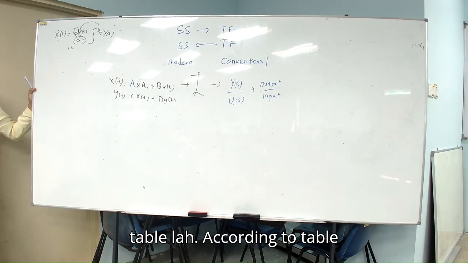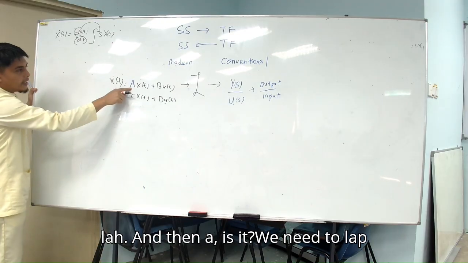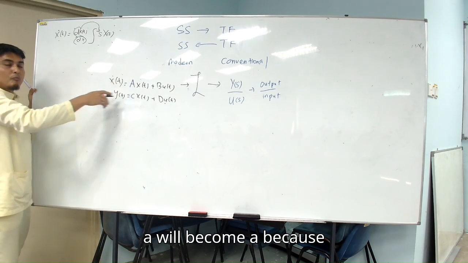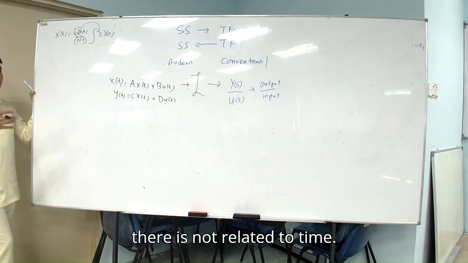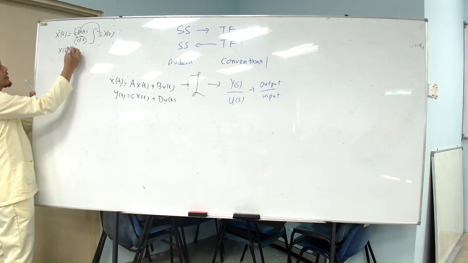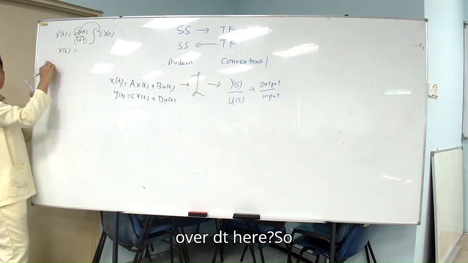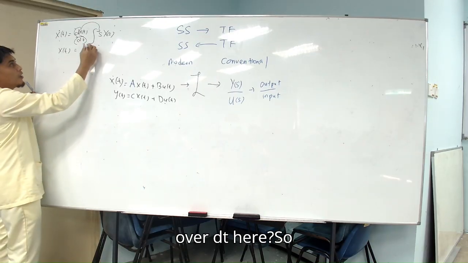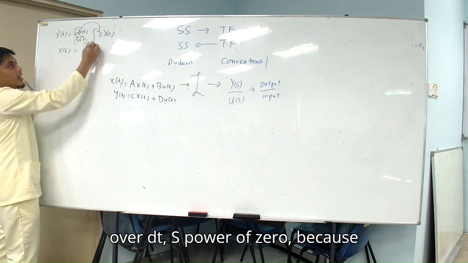According to the table. And then A, it will become A, because there is no relation to time. x(t) becomes what? Is there any d over dt here? Because there is no d over dt, it's s power of 0.